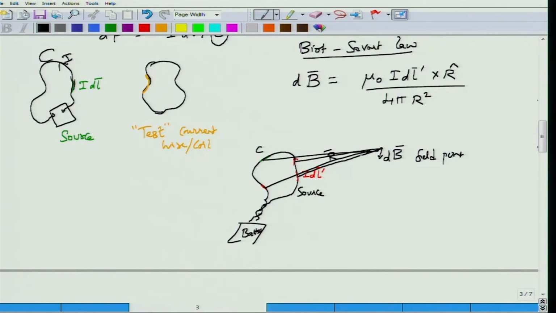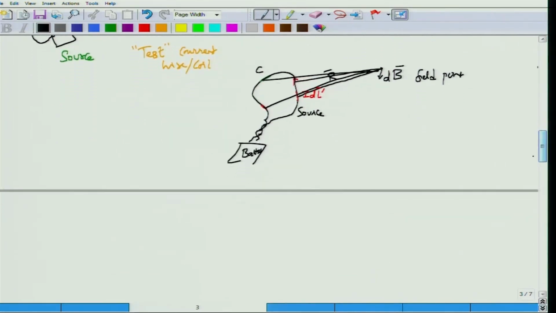After calculating the contributions, I would sum them up, but in the limit of small dl the summation would be replaced by an integral. So, what do I have? The magnetic field B at the field point is given by the closed line integral around the circuit C of this quantity.